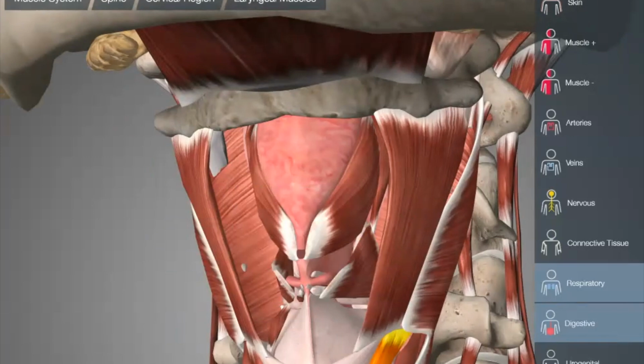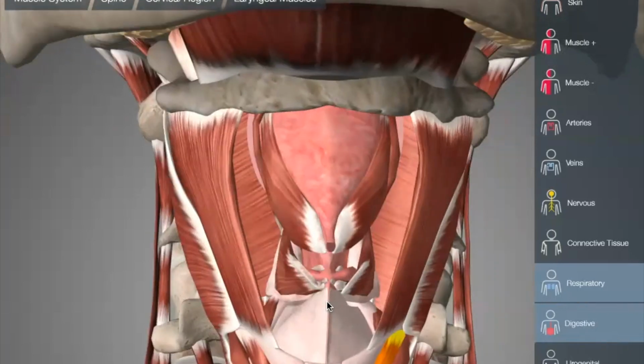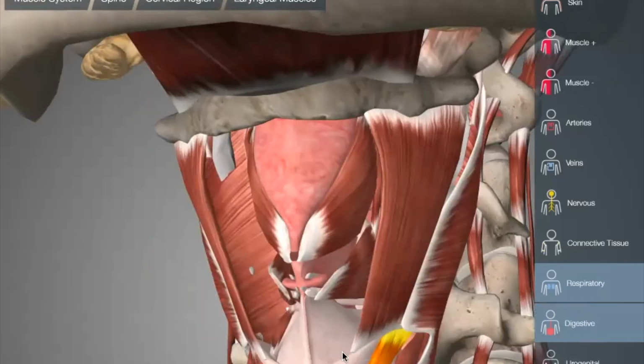Okay. And that's the innervation for the larynx. Again, vagus nerve splits or gives rise to recurrent laryngeal nerve and superior laryngeal nerve. The recurrent laryngeal nerve would give sensory information to the infraglottis behind those cartilages here.